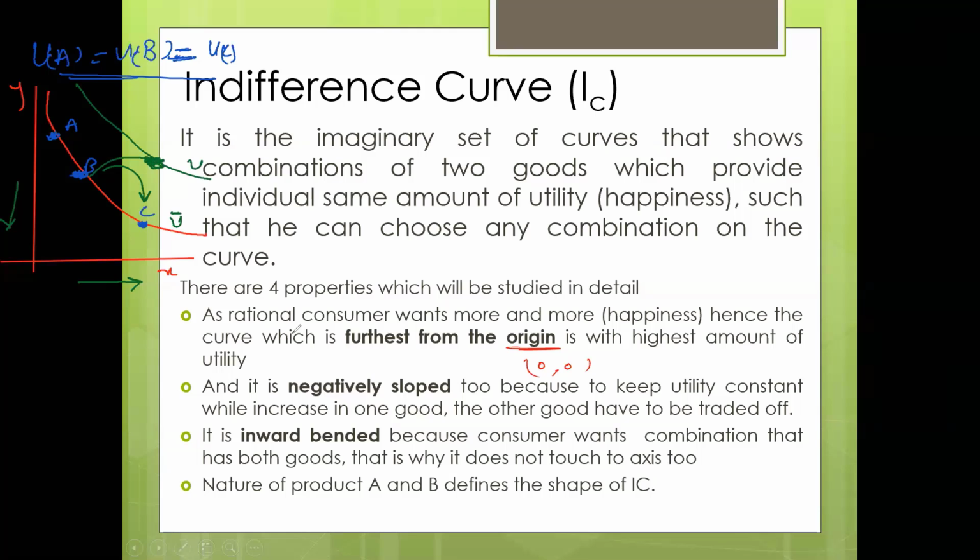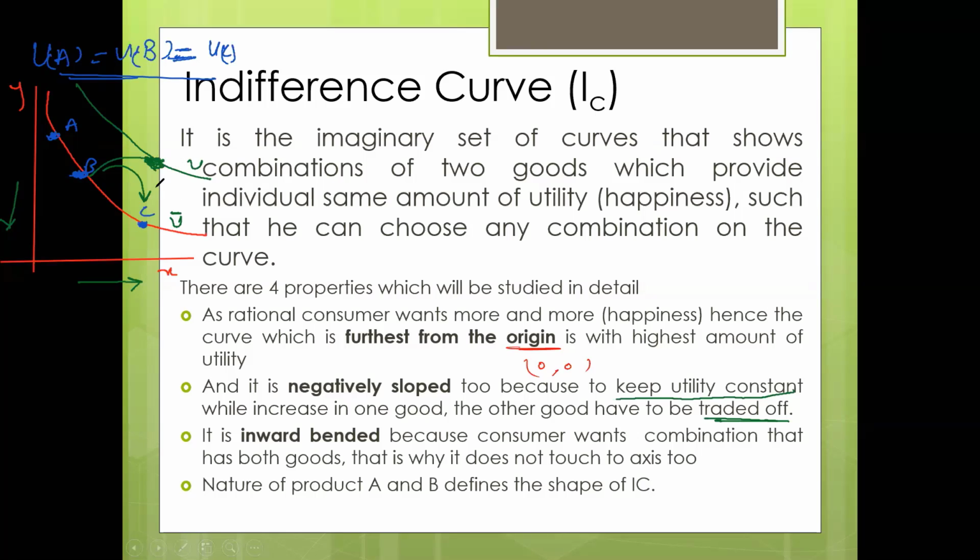Since the utility must remain constant, if any product is increasing on the indifference curve, the other one should decrease so that the trade-off keeps the utility the same. Otherwise, if one is increasing and the other is not decreasing, he is climbing onto a higher indifference curve.